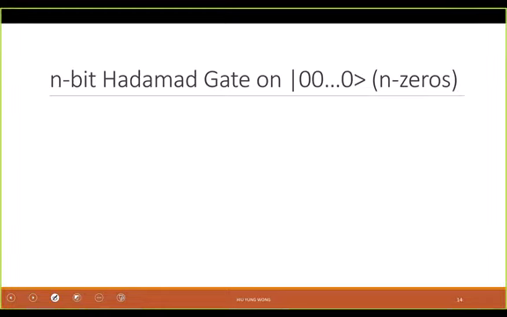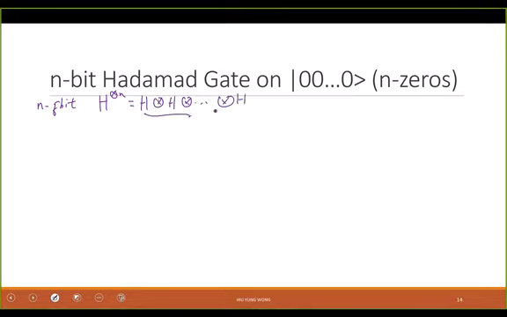In n qubits of 0, we have the Hadamard gate, and I'm going to write it this way: tensor product n times. It means H to the n, not n tensor product, right? It means I have H tensor product H tensor product H tensor product H, and I have H to the n.